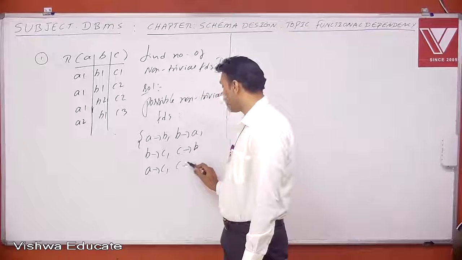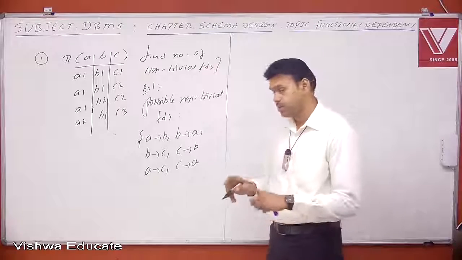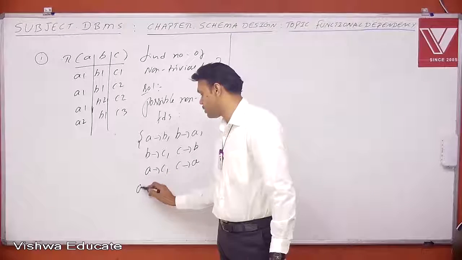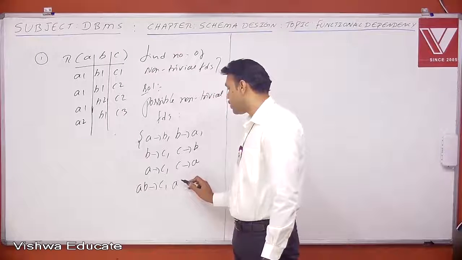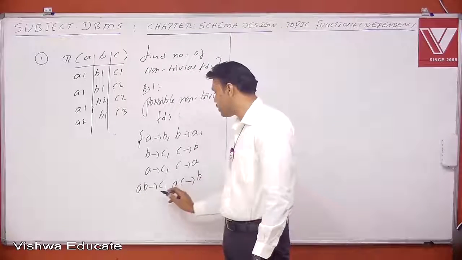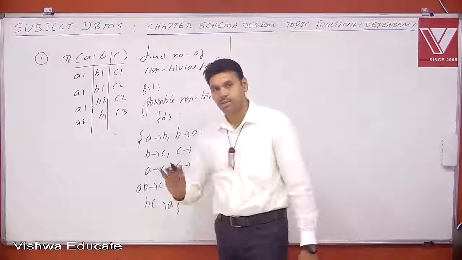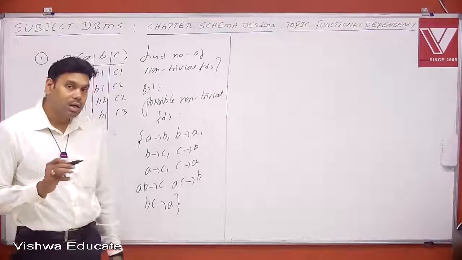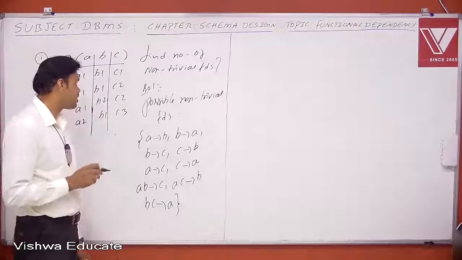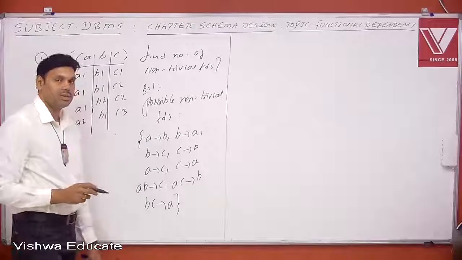A to C and C to A. Anything else? Yes, I can write AB to C, AC to B, and BC to A. That's it. So these are all the possible non-trivial functional dependencies on the given relation R.